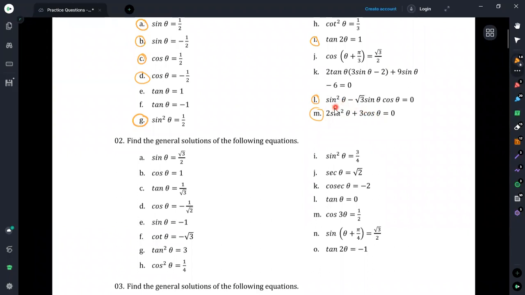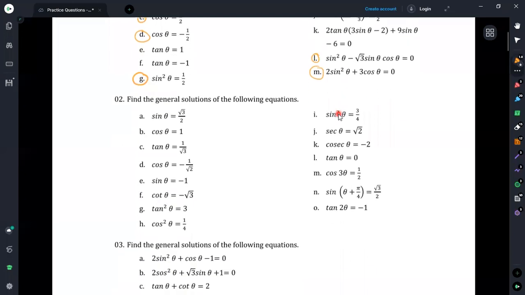Now what we can do is, using an appropriate equation, it is better to convert the sine squared theta into a form of cosine theta, or else the other way around, convert the cosine theta into a form of sine theta. The easiest way that we can use here is conversion of the sine squared theta into a form of cosine squared theta.